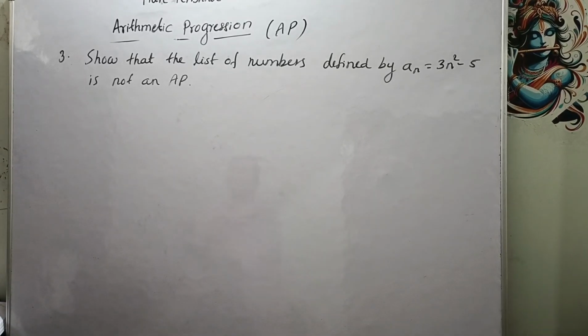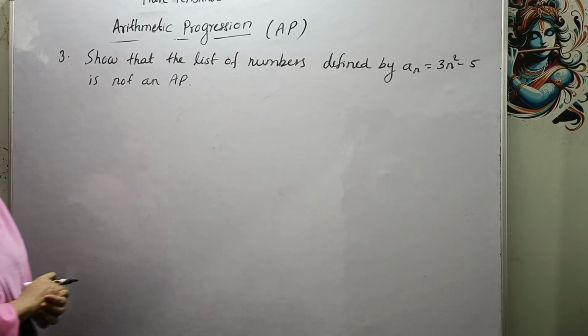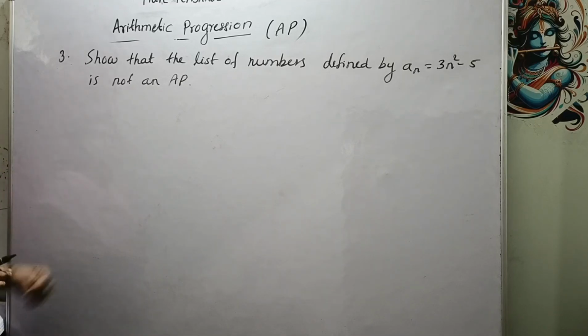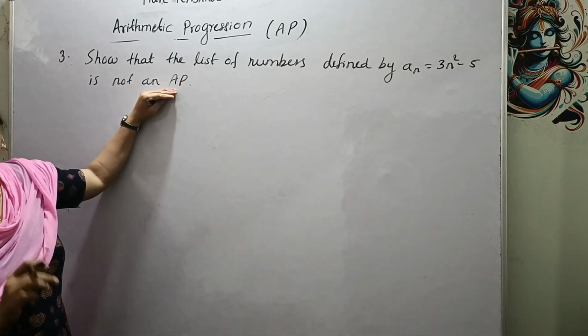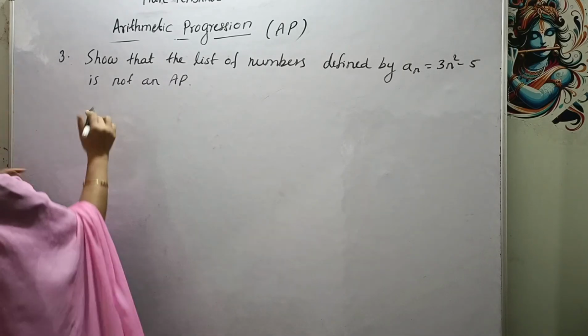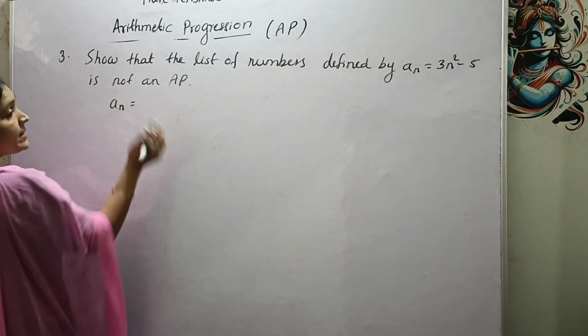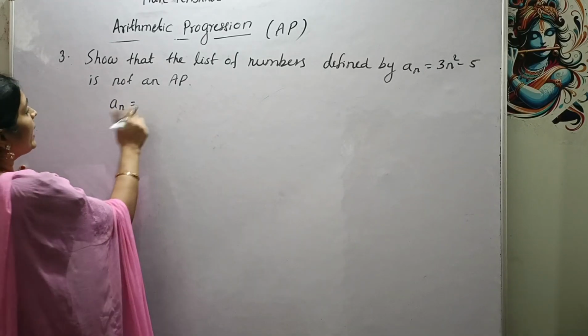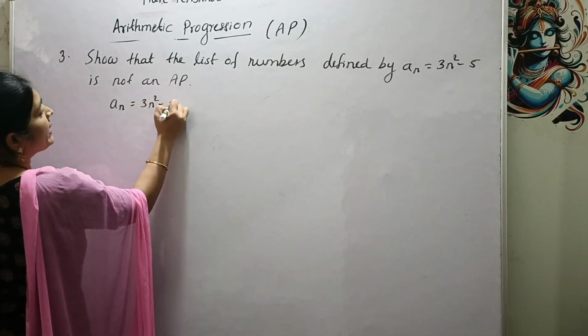Show that the list of numbers defined by a_n is equal to 3n square minus 5 is not an AP. So here we have to show the given list of numbers is not an arithmetic progression, right? For that, first of all, let's write: the nth term is given, a_n is equal to 3n square minus 5.